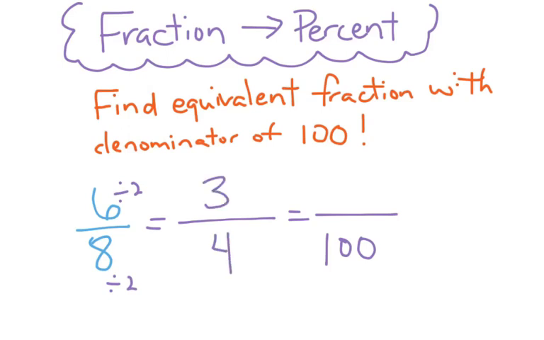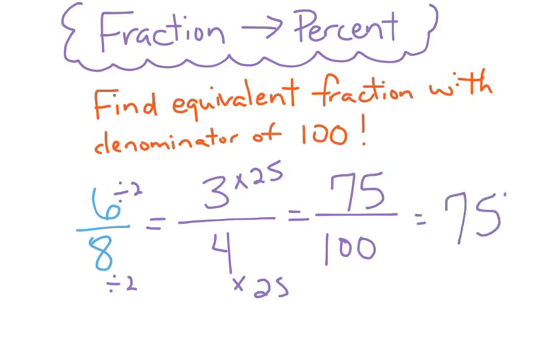When I'm looking at 3/4, I do have a number that can multiply by 4 to give me 100, and that number is 25. So if I multiply 3 times 25, I get my 75 here. Now I have a number over 100, which I know can be written as that numerator number with the percent sign. So sometimes you just have to scale it back by simplifying, so you can scale it forward to get 100 as your denominator.